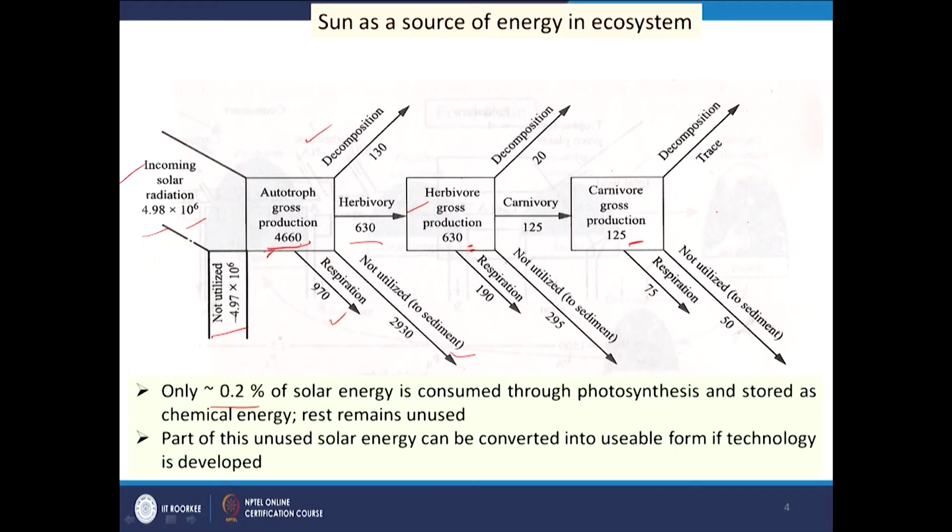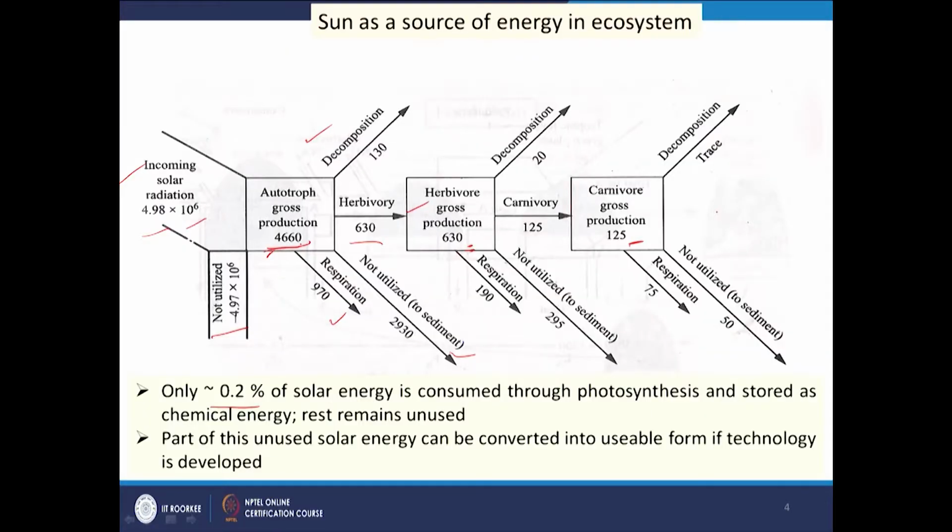So, it is very clear that most of the solar energy remains unused, and if we can develop technology to harness this and convert solar energy to a usable form, then it can be a good option, and that can be renewable energy for our use.